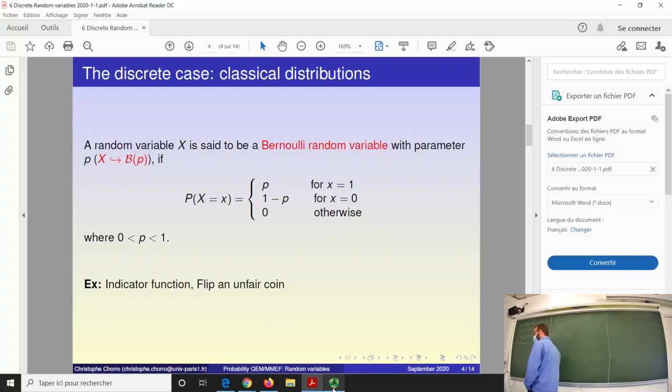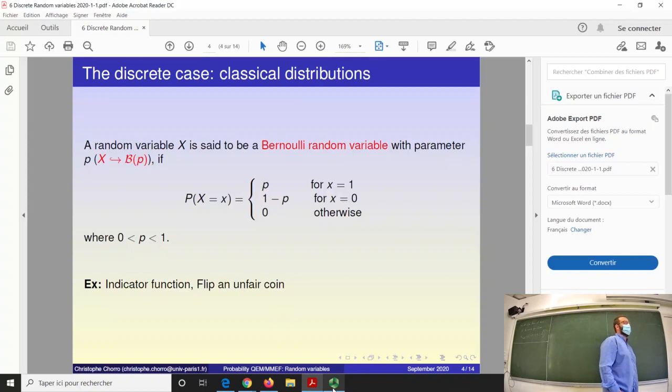Okay? So X is a Bernoulli of parameter P if the probability that X is equal to 1 is equal to P, and the probability that X is equal to 0 is equal to 1 minus P. All the other probabilities being equal to 0.